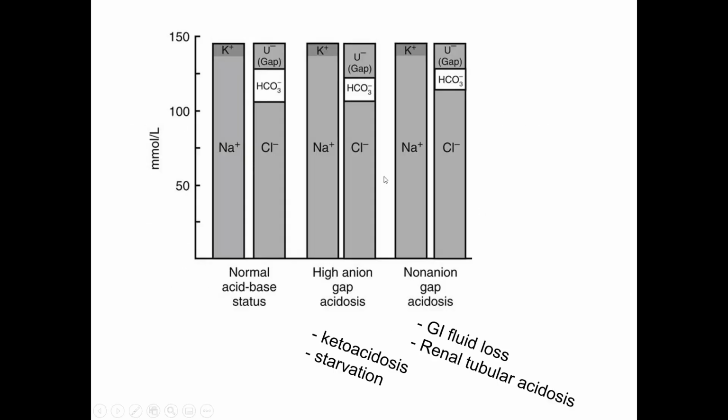Here you can see what would be a normal acid-base status, and if we have an increased anion gap, a high anion gap, that can indicate acidosis, so ketoacidosis or starvation. If we have a non-anion gap, that's typically due to fluid loss or renal tubular acidosis. So knowing the anion gap can give us an idea of the health status of the patient.